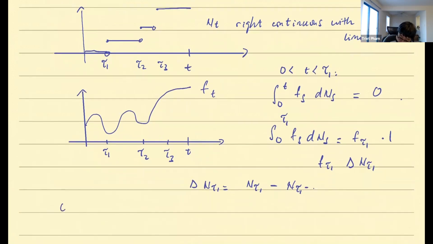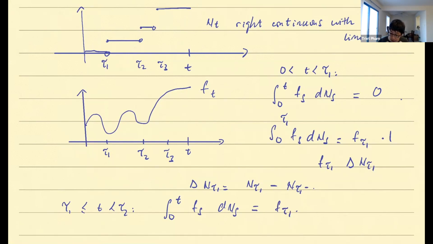Okay, let's continue. What if we have now our t between tau 1 and tau 2? What is the integral then? Very good. Exactly. It's just f of tau 1. Why?